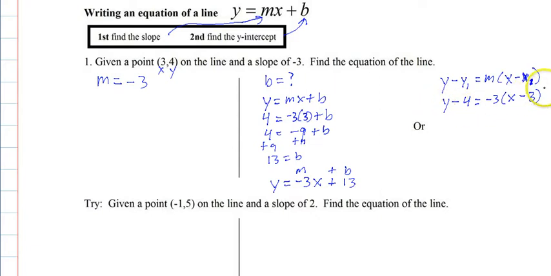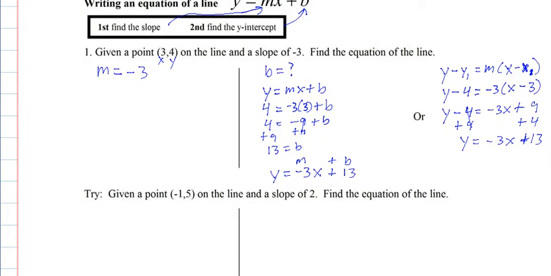And now we have the equation of a line. It's not in the form we want. We're still going to have to solve it, but that is our equation. So it's y minus 4 equals -3x, you must distribute, plus 9, and then you can just add the 4. And that's two ways to get the equation of a line.